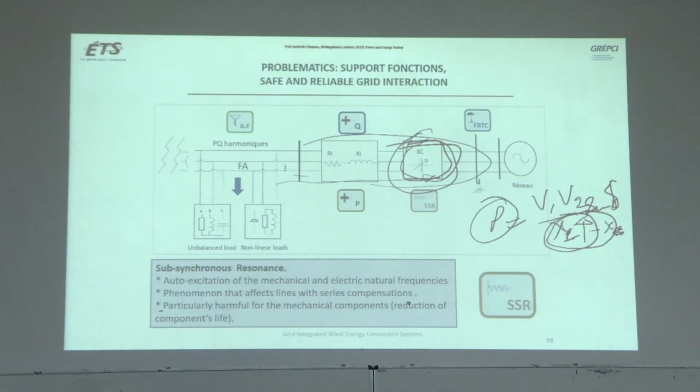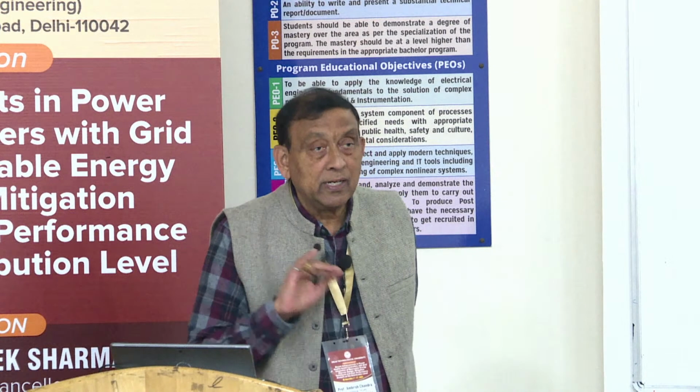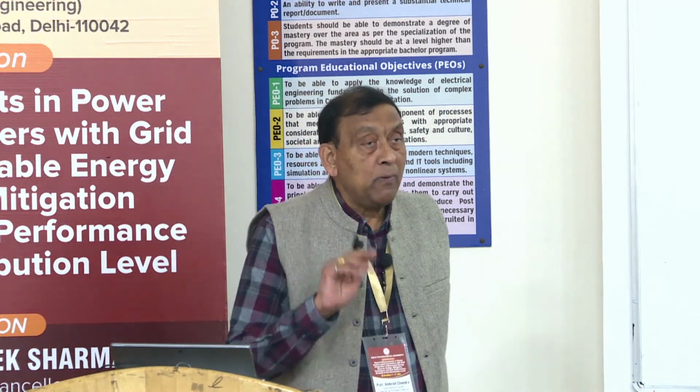Then 20 years ago, they started integrating wind farms based on doubly fed induction generators, where the stator is directly connected to the grid. This is what they were worried about, and they asked me to investigate how it would affect. One of my PhD students worked on this.